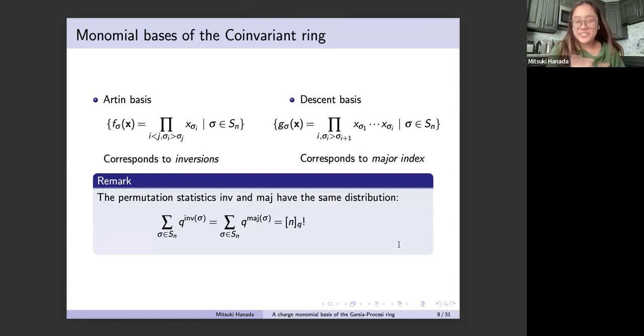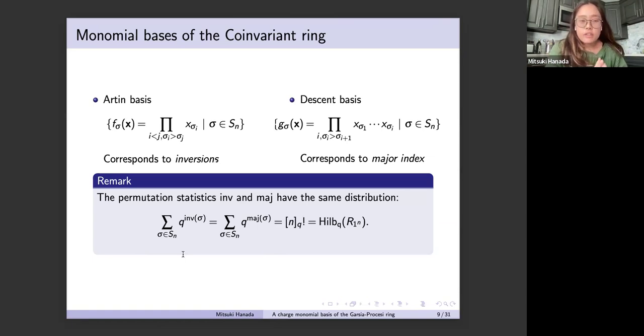Once again, if you're super familiar with your permutation statistics, inv and maj are super nice because they both are Mahonian, meaning they have the same distribution given by the q-analog of n factorial. What I mean by that is if you sum over all permutations and record their inv or maj, you're going to get the q-analog of n factorial, which is exactly the Hilbert series of the coinvariant ring.